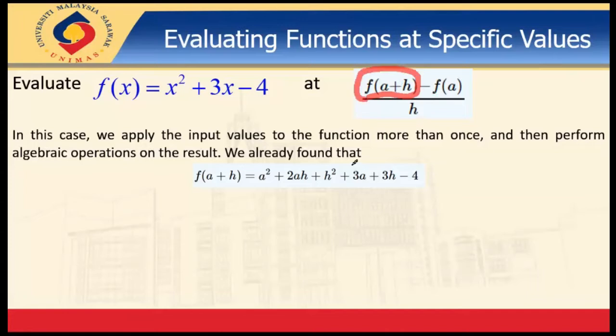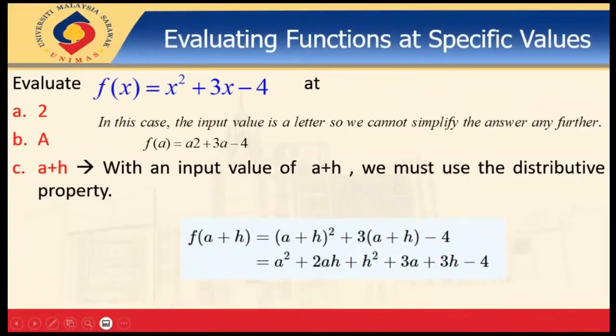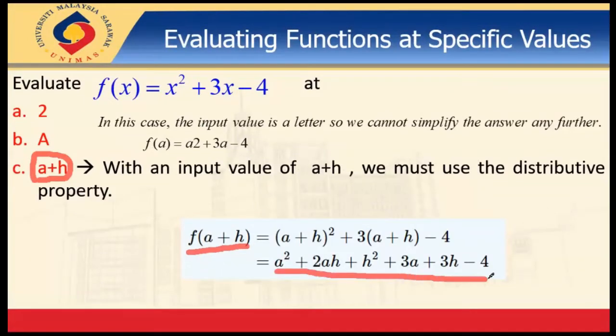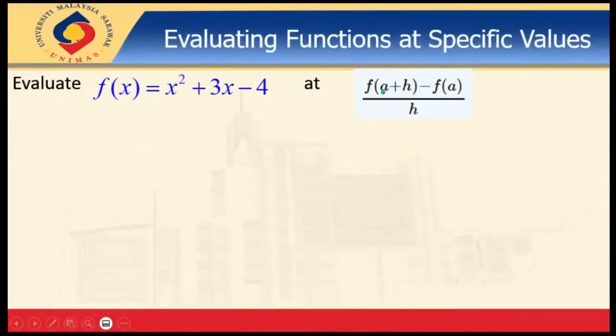If you go one step behind in the slide, you see here we just calculated f of a plus h. So we will just pick up this answer and put it at this place. So we already have the answer.